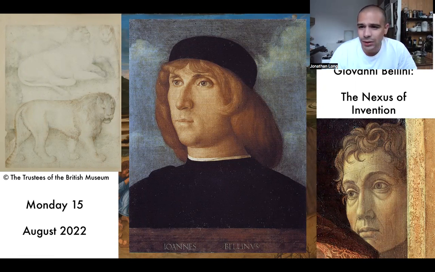And we can just imagine what sort of exotic animals were being brought into Venice during the early 15th century, because Venice was a route into the East.